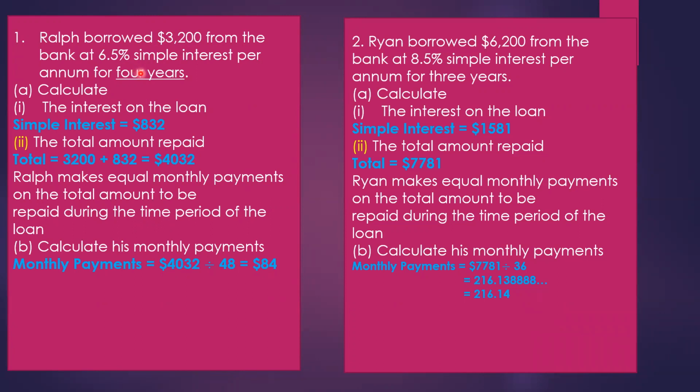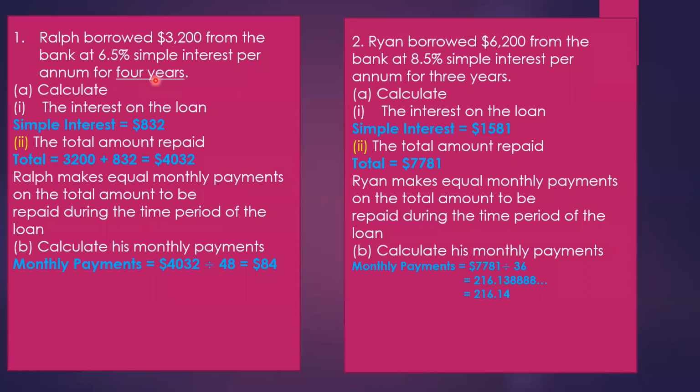So the principal is 3,200 times the rate, 6.5, times the time, which is 4 years, all over 100.